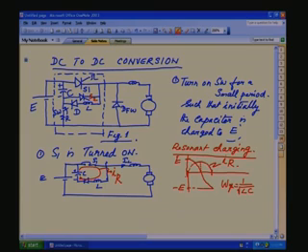So, what is the period? Half resonant period. Omega r is equal to 2 pi by TR, if TR is the resonant period.